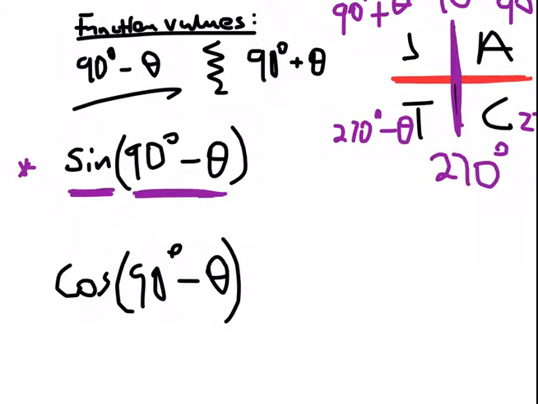The special thing about this one of 90 and 270 is that it changes to cos, which means you will therefore say positive cos of an angle. That's how you reduce it.